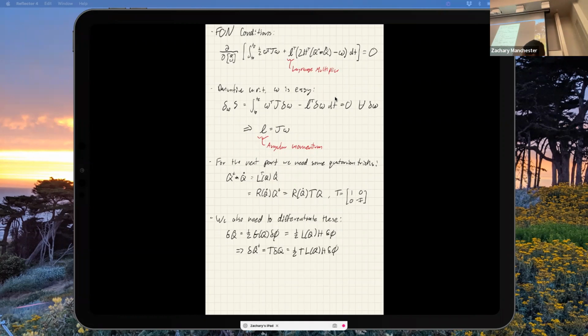I also need this for Q dot for the other one. So I want delta Q dot. I'm just going to take the expression for delta Q and differentiate with respect to time. So you get this product rule thing: a G of Q dot times delta phi, and then a G of Q times a delta phi dot. That's how that works out.